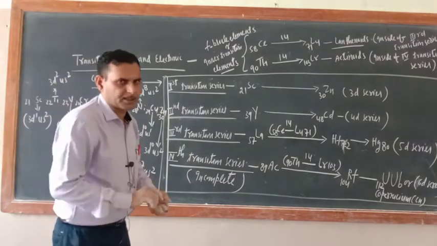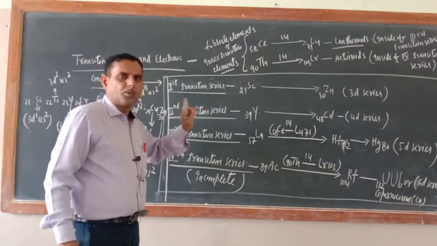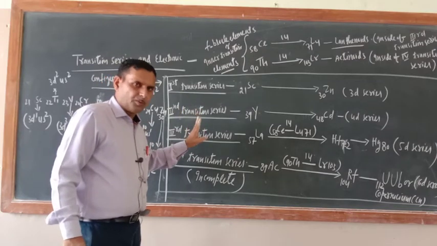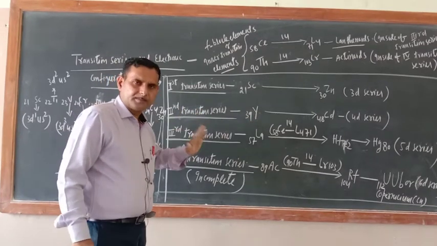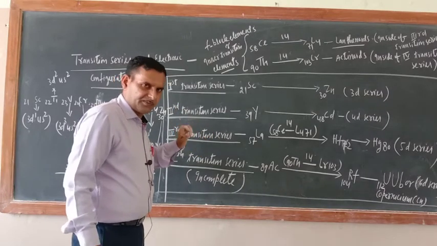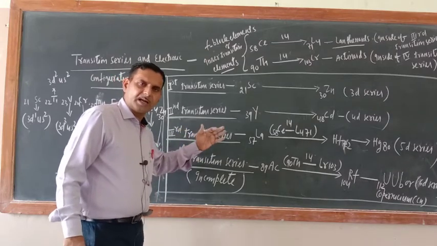Now just try to understand. In the first transition series, only two places have variation, that is chromium and copper. Similarly in the second series, the exceptions are molybdenum and Ag.